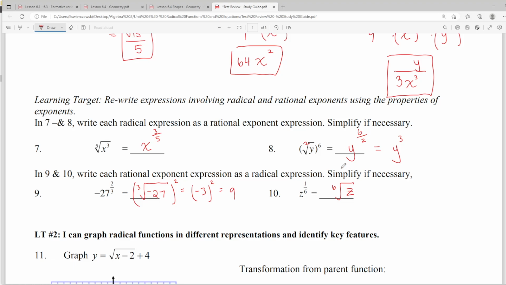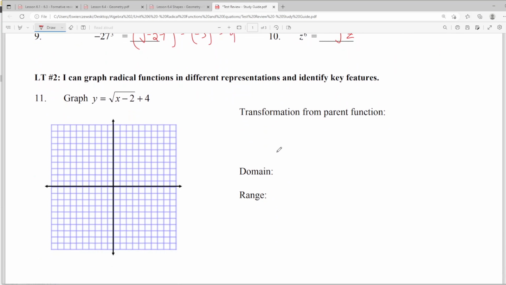Okay, let's look at some graphing problems. So the transformations, h would be 2, k is 4, a is 1, and n is 2. This is coming from y equals a times the nth root of x minus h plus k.